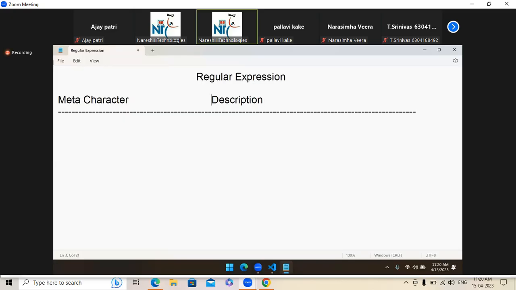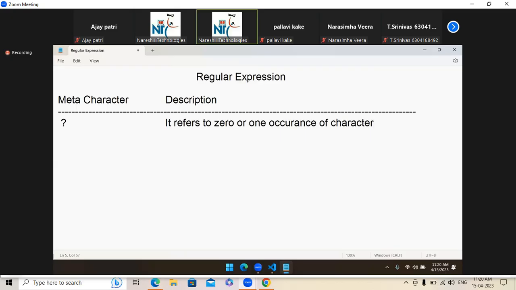So in the meta characters, the first one you learned was question mark. What is the purpose of this question mark? Question mark refers to zero or one occurrence of a character.